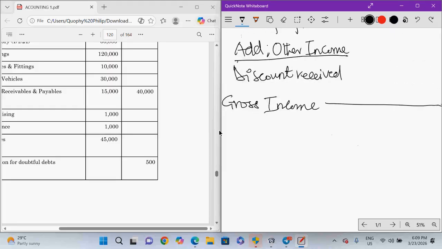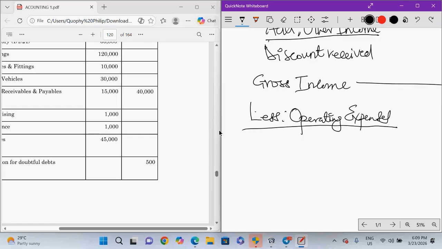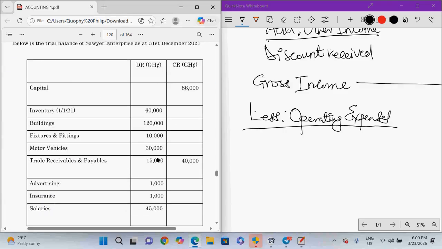What next? Now we come to operating expenses. Less operating expenses. What are the expenses from this question? Let's start from the top.